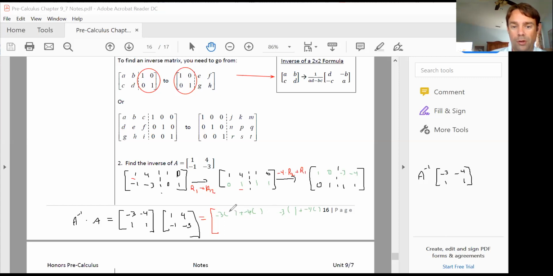And we get 1 and -1. And we get 4 and -3. So the first thing we have to be able to do today is come up with an inverse matrix.